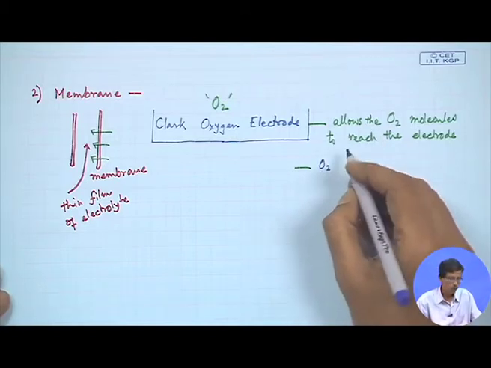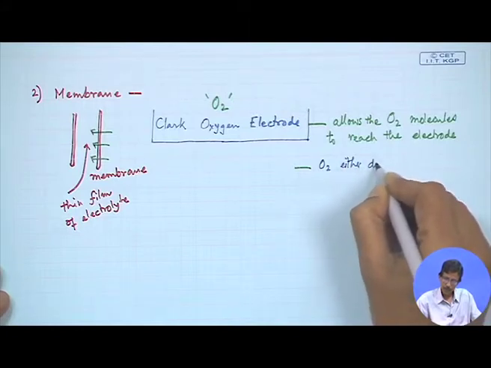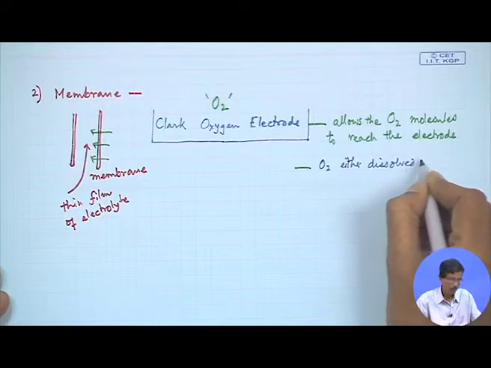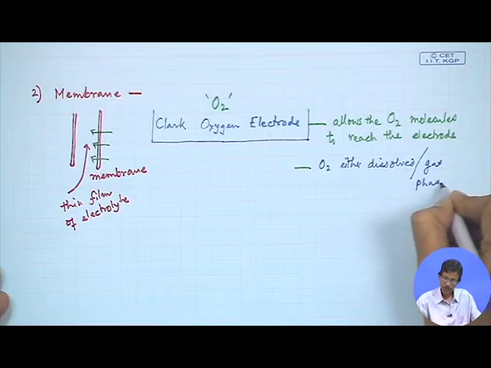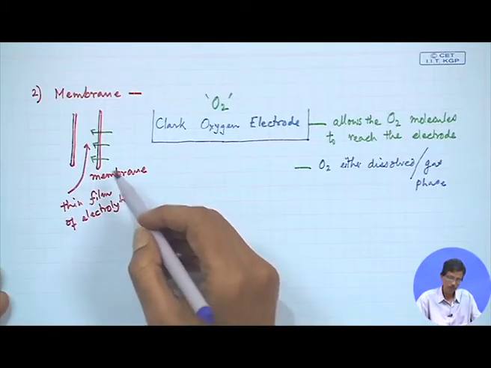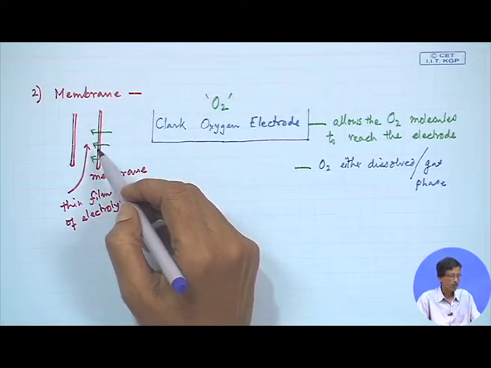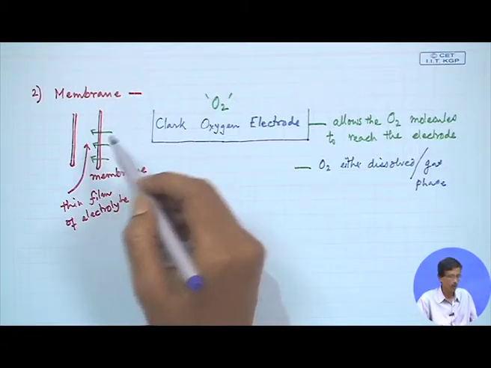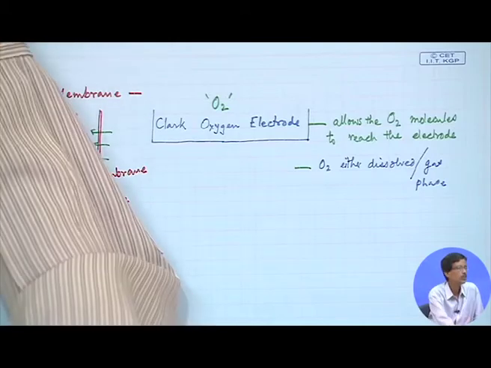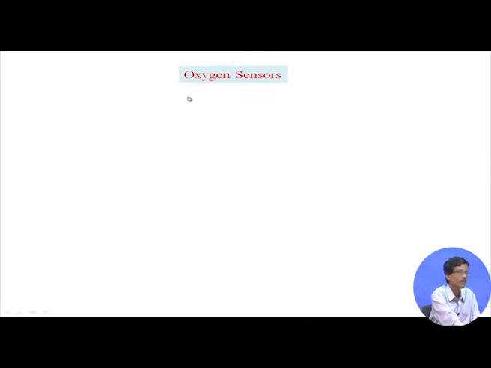O2 is either dissolved or present in the gas phase. If it is not dissolving in the thin film of electrolyte, it is present in the cavity and basically trapped. So, that is the mechanism of how we develop that particular electrode, which is your oxygen sensor. So, we get different types of these oxygen sensors, and how we can develop those oxygen sensors.